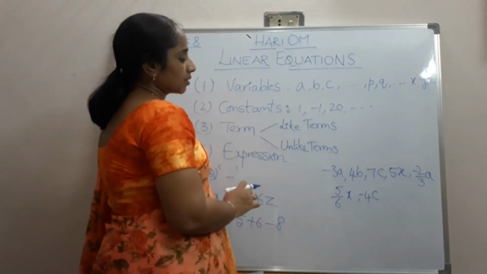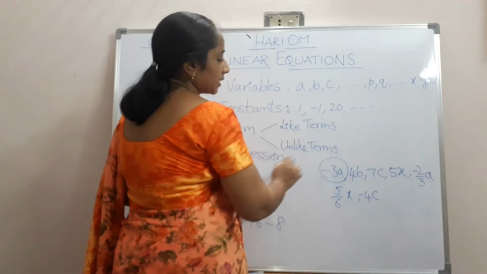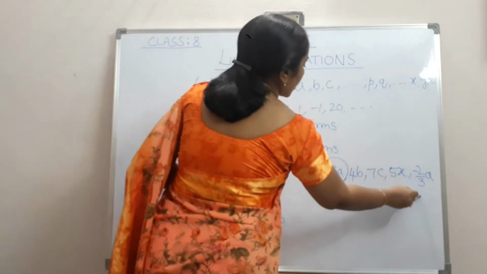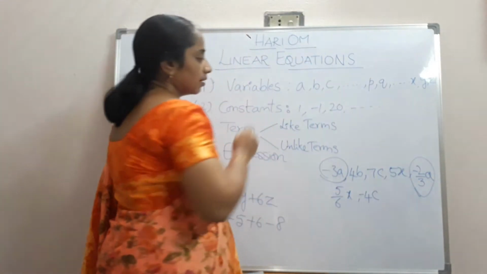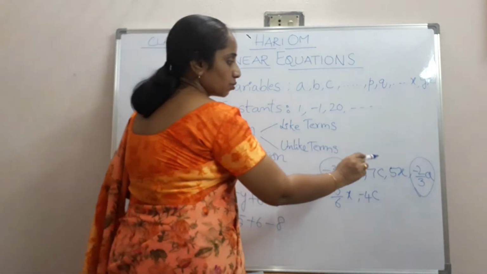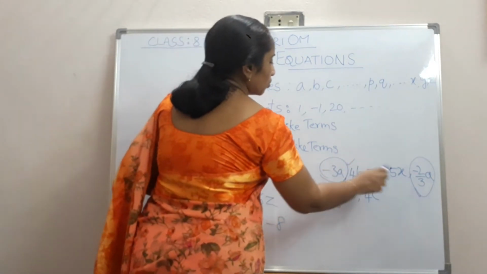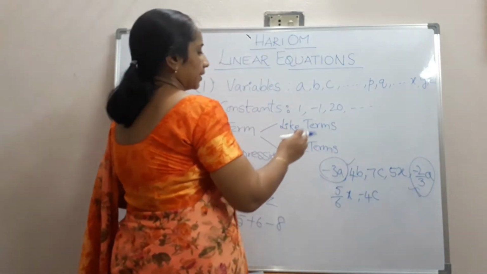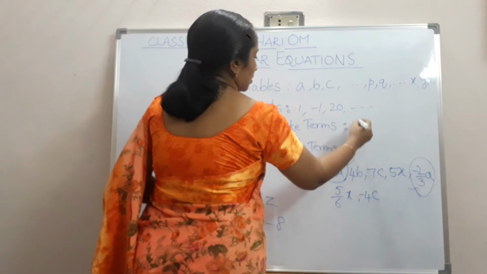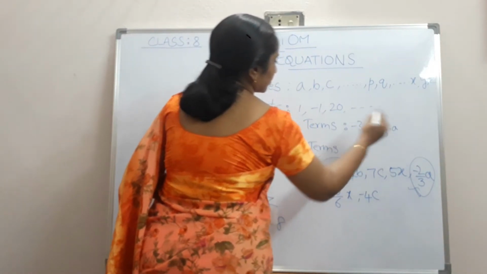In these terms, observe that this is 3a, that is minus 3a, and one more a variable we have, that is minus 2 by 3a. Here these two are like terms, minus 3a, minus 2 by 3a.